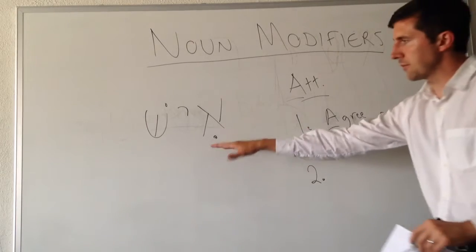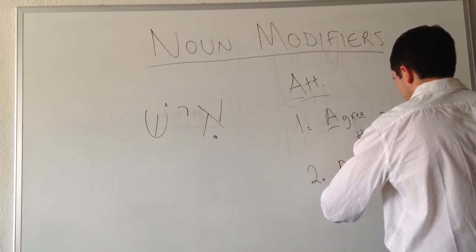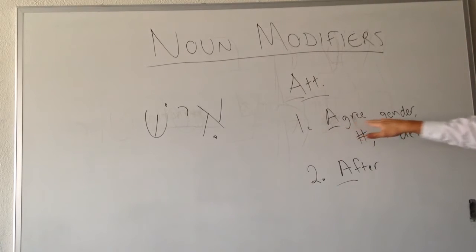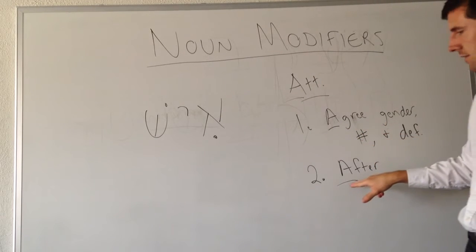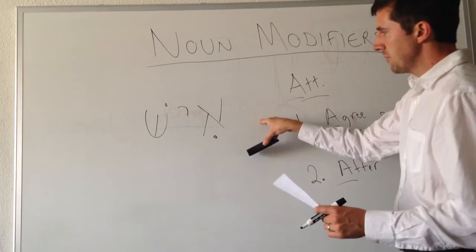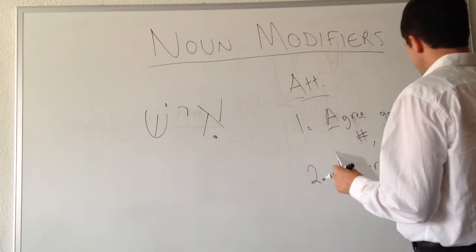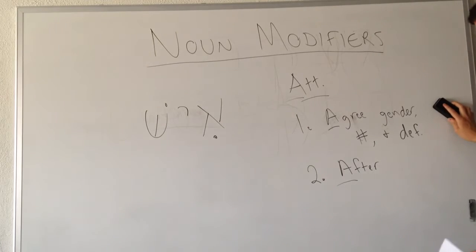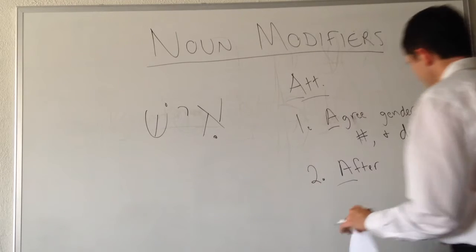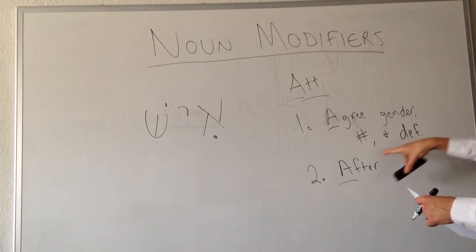So if it's a definite noun, it will be a definite adjective. And it comes after. Attributive: it agrees in gender, number, definiteness, and it comes after. So that means if you have an adjective before, it is not attributive. These are the primary rules: agrees in gender, number, and definiteness, and comes after.